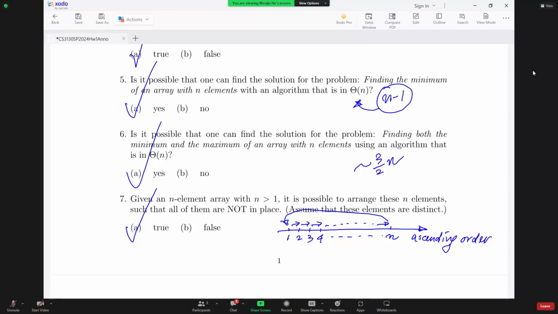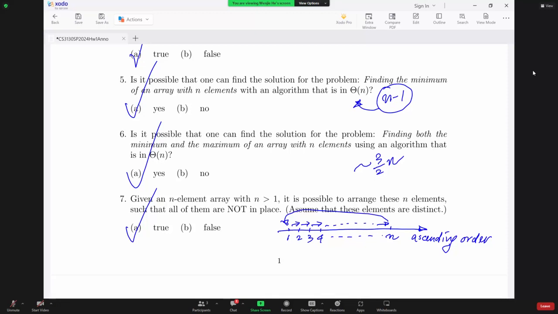Do not use descending order. If you use descending order, you may have one element in the middle that is in place, right? It depends on even or odd. If you have an odd number of elements, the one in the middle is in place.